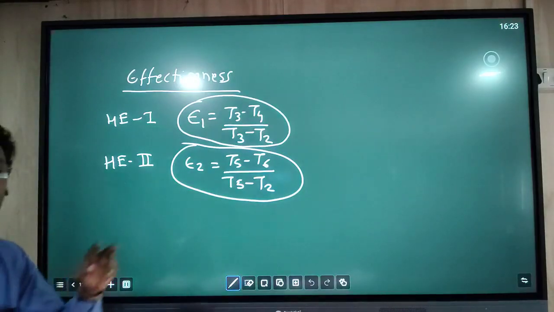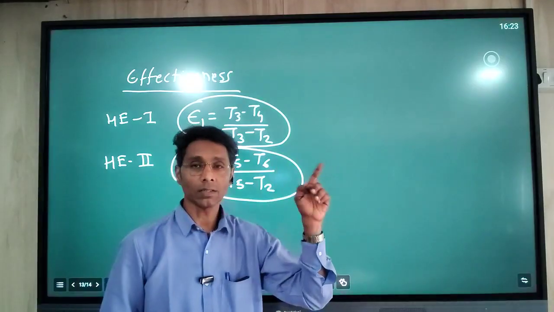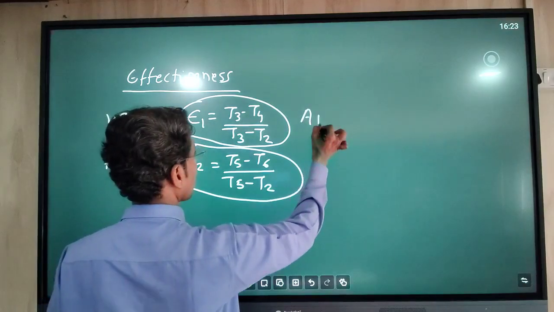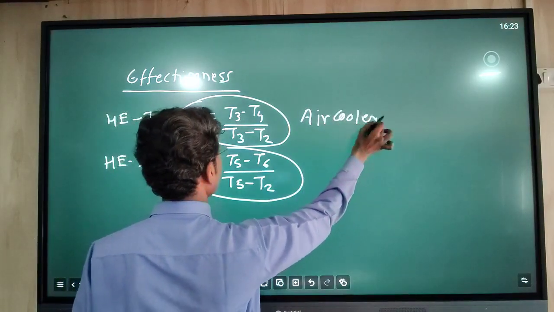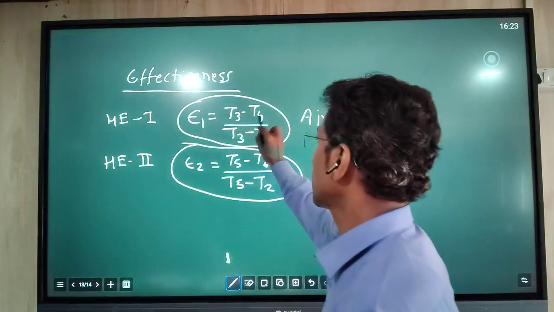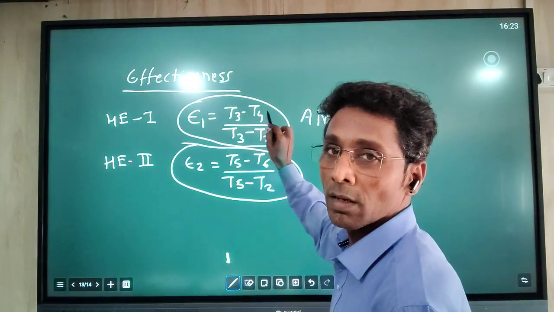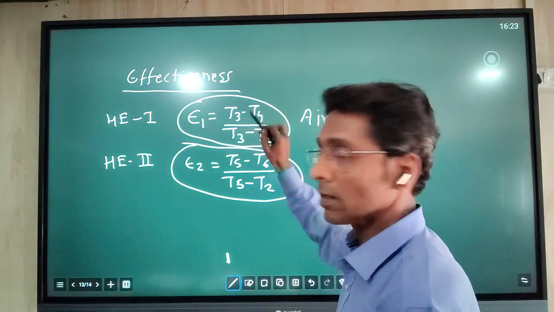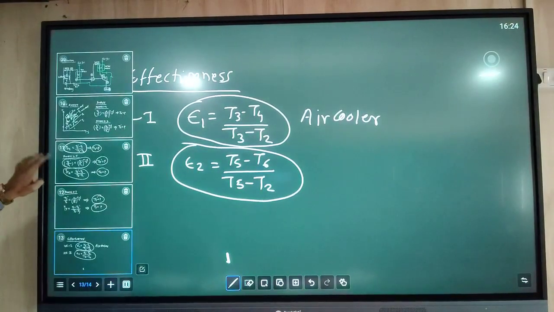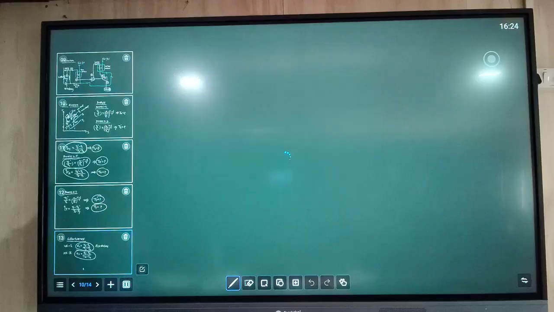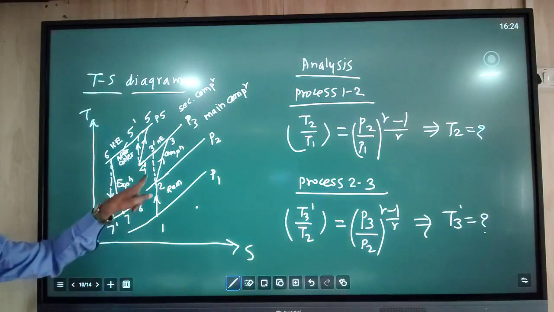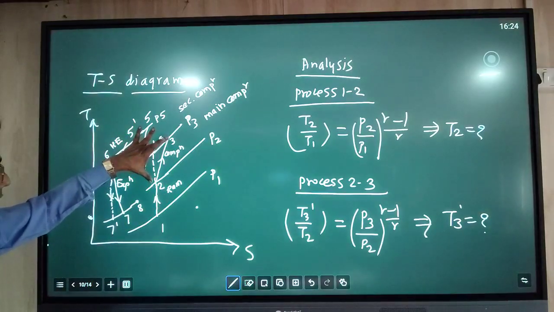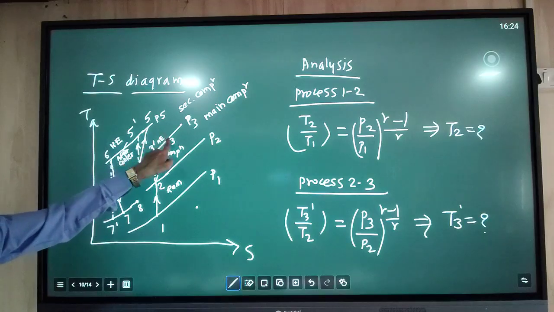Now here we have seen two heat exchangers in the diagram. The first one is the primary heat exchanger, that is the air cooler, and the second one is the after cooler. So for the air cooler, the effectiveness formula: from 2 to 3, during the compression, the temperature is raised, and this heat we have to remove.